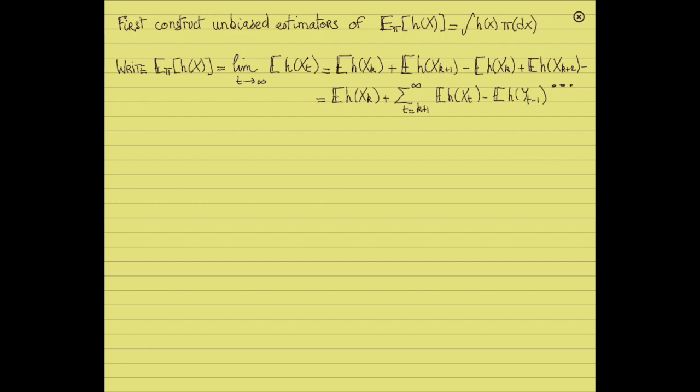So instead of an xt minus 1 here, we write yt minus 1. And we can do that because at all times t, xt has the same distribution as yt, and that's denoted by pi t. In other words, for any function h, the expectation of h of xt minus 1 is equal to the expectation of h of yt minus 1.